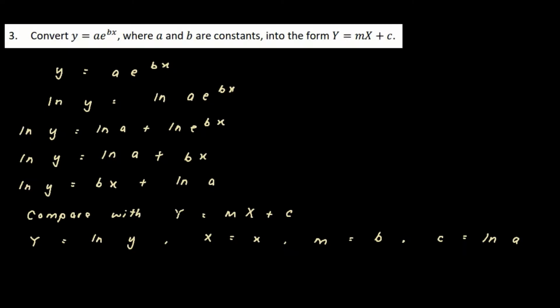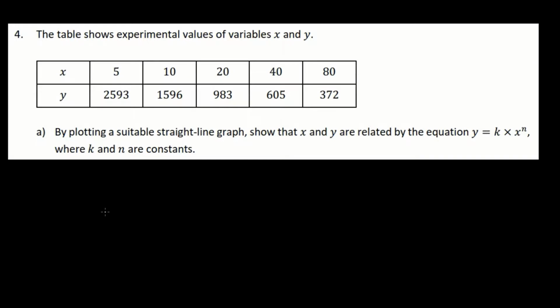Okay, question 4. The table shows experimental values of variables x and y. By plotting a suitable straight line graph, show that x and y are related by the equation y equals k times x to the power of n, where k and n are constants.